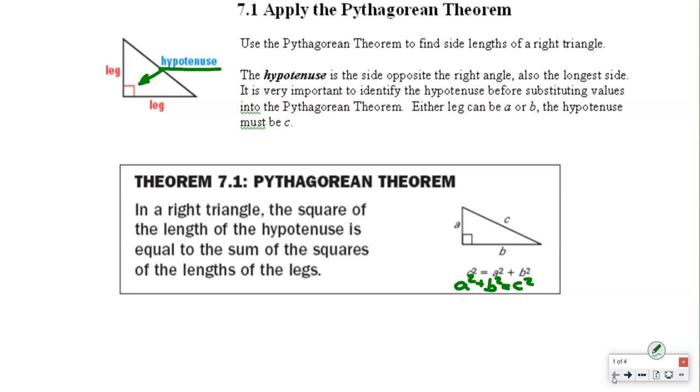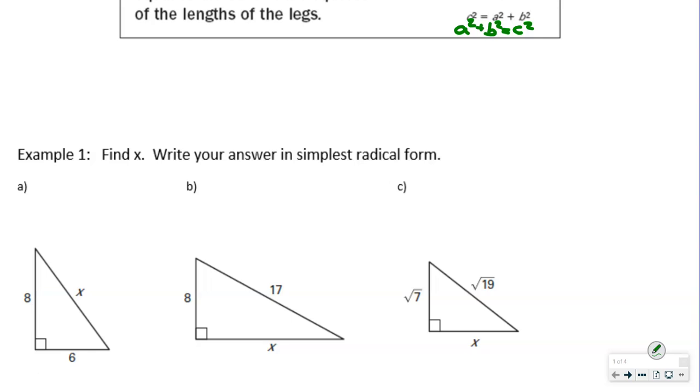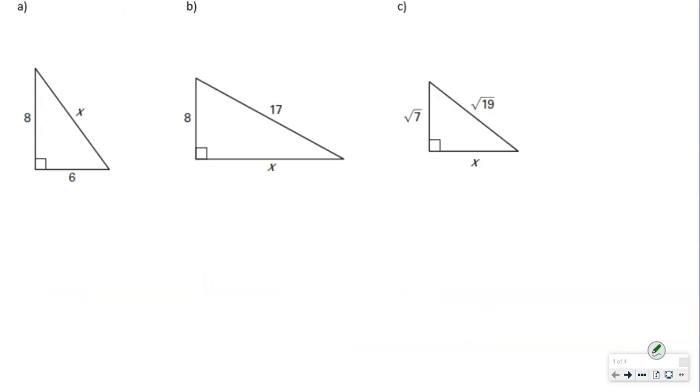Skipped over our first page. Here we go. We need to find the value of x and write our answer in simplest radical form. So in our first triangle, and we can see all of these are right triangles, so we can use the Pythagorean theorem with them.